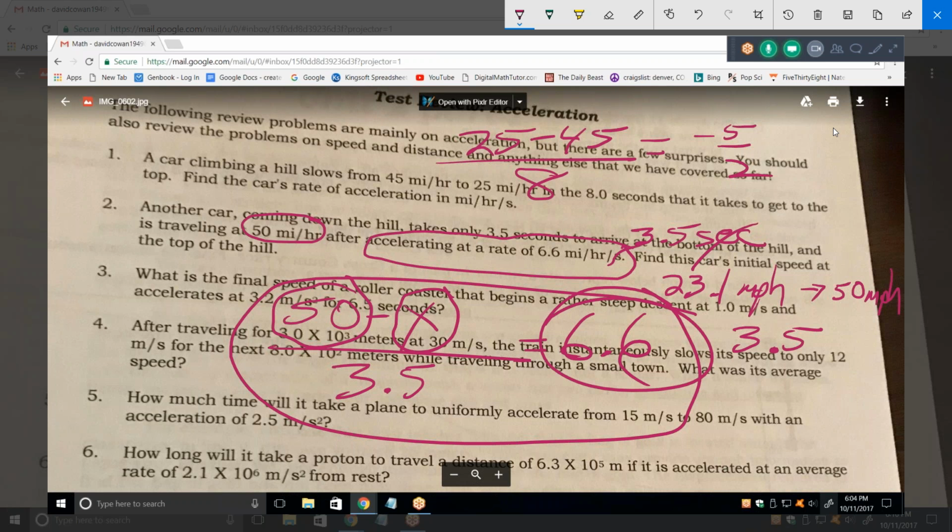When we do all that, we come up with 23.1 miles per hour. It would certainly need to be less than 50 miles per hour because the car is going downhill and accelerating. So if its speed at the bottom of the hill is 50 miles per hour, its speed at the top has to be less.